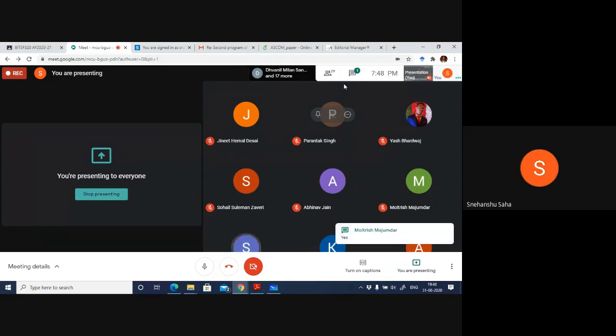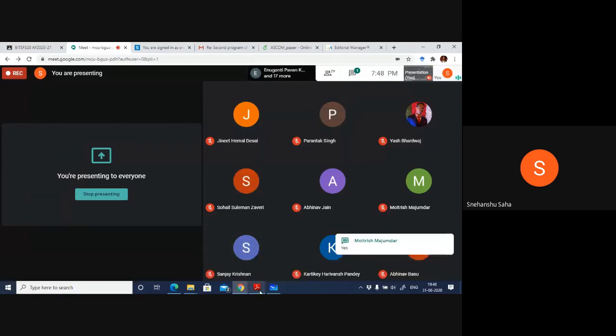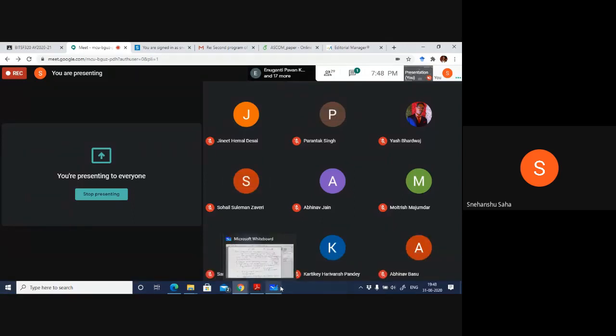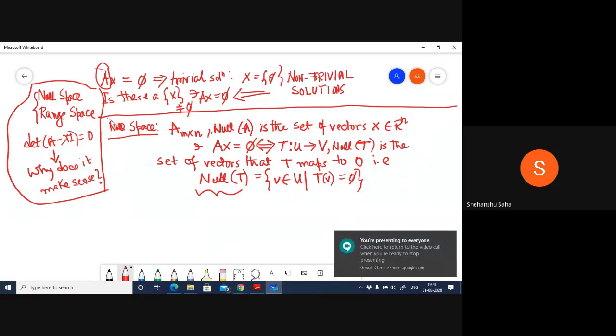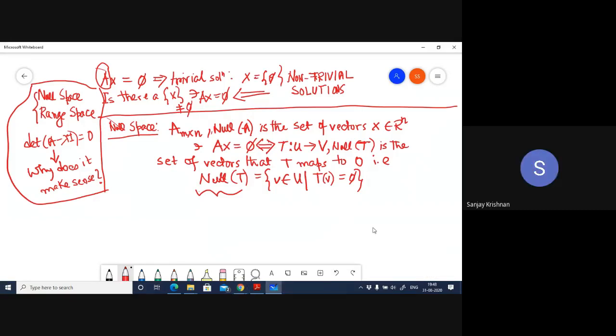Yes, sir. Why do you think a null of T is a subspace of U? Because firstly, there's closure under addition. If you add x1 and x2, then A x1 plus A x2, which is A into x1 plus x2, would also be fine. Correct.